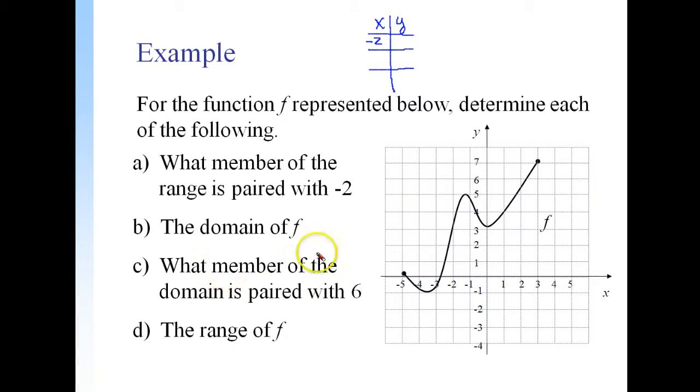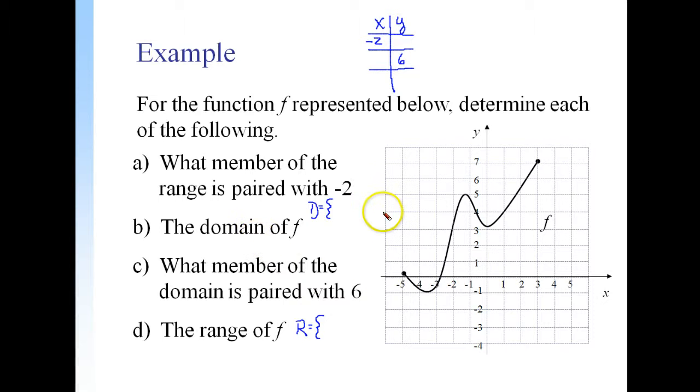And what member of the domain is paired with 6? Again, that would be a y value. You want to find the x there. And then what is the range of f? So domain will be D here, and the range will be R here. And hopefully what I'm showing you is a way to organize your data.